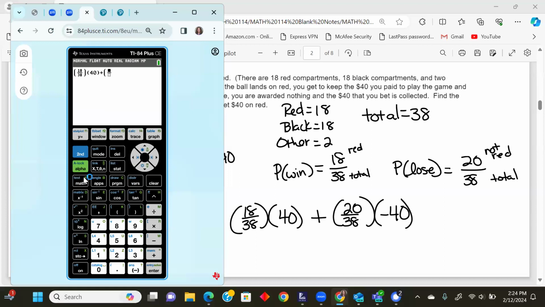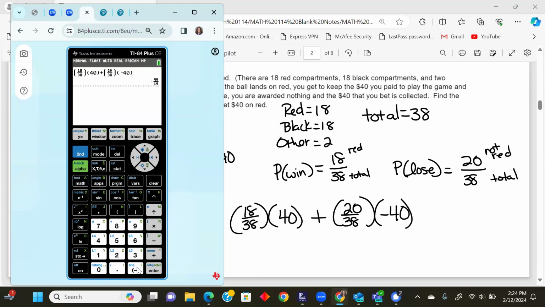If you don't want to put the fraction bar, you get 20 divided by 38. Just make sure you keep it inside the parentheses. We're going to lose 40, so you need to use negative, which is below your 3 on the calculator. Again, negative is below the 3 on the calculator. If you put a minus, it's going to give you the wrong answer.